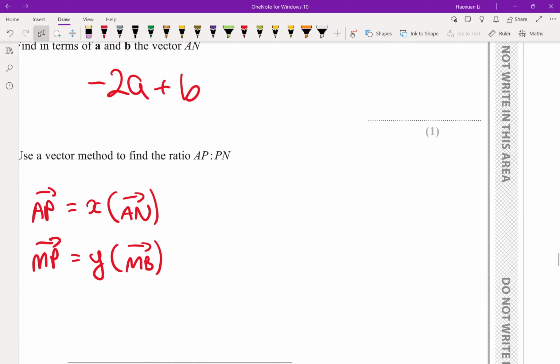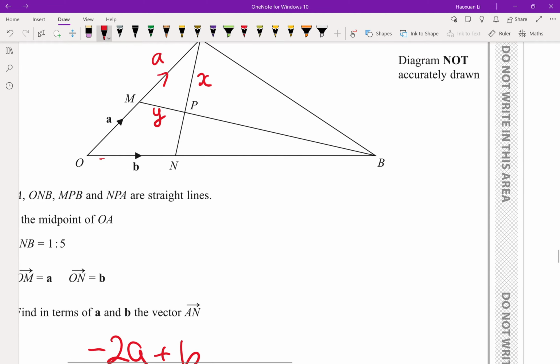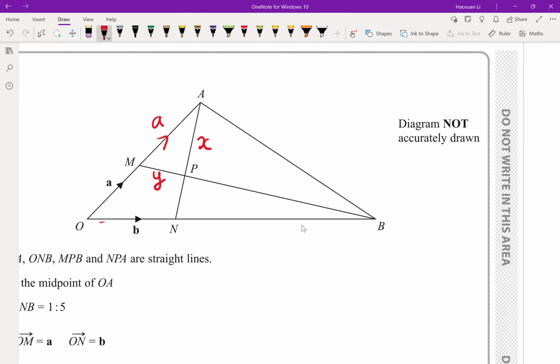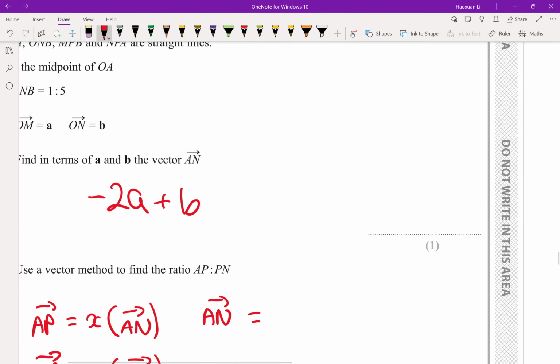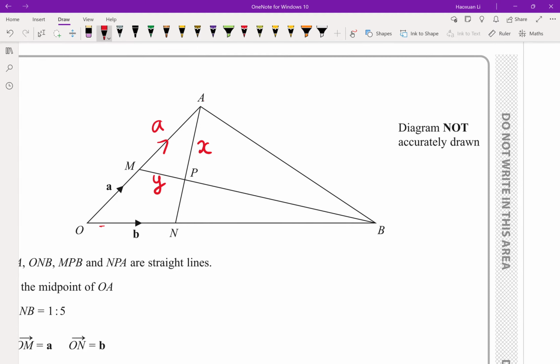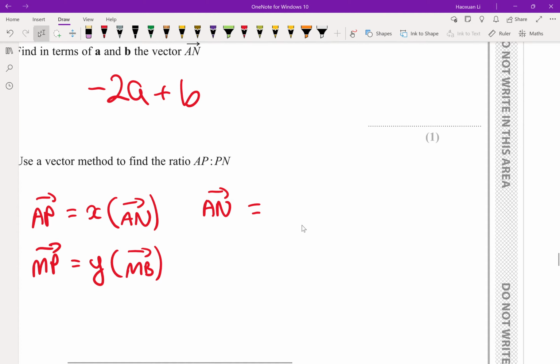So you will benefit if you first find AN before you try to engage with the gradient. So AN is here, and you already have it from the previous question. So negative 2A plus B.